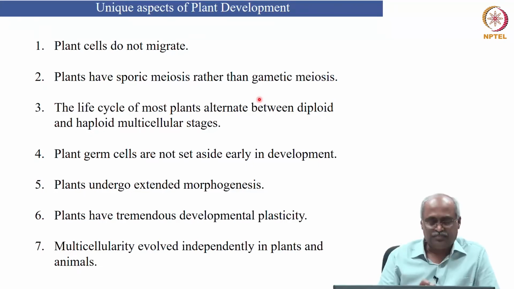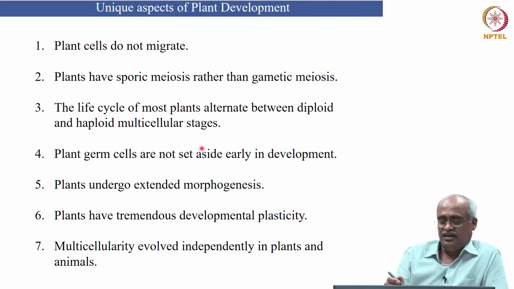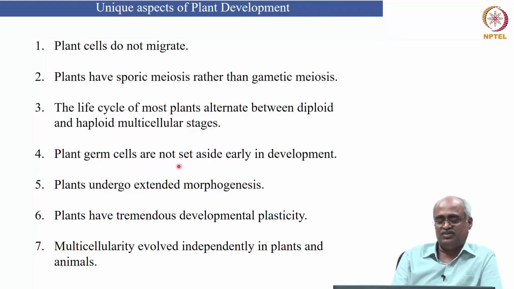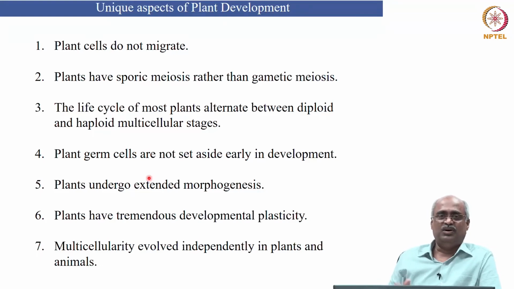Now let us go ahead and look at these structures, but before we do, there are some more differences that we need to look at. A thing that particularly fascinates me because I study germ cells is that the plant zygote does not right away set apart the germ line when it undergoes cleavage and gastrulation and so on.